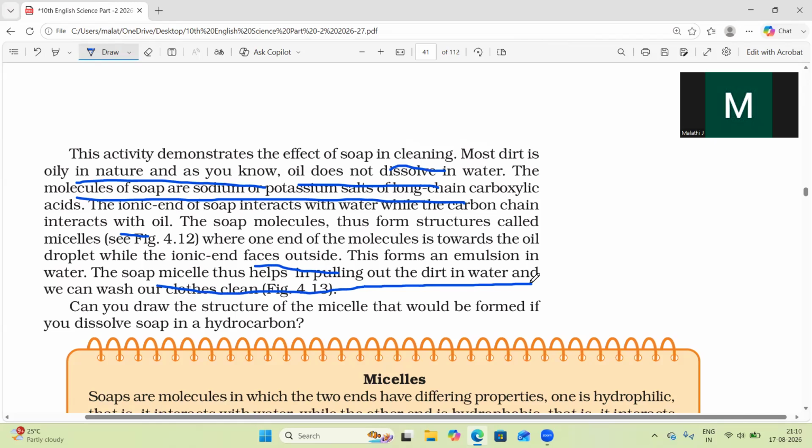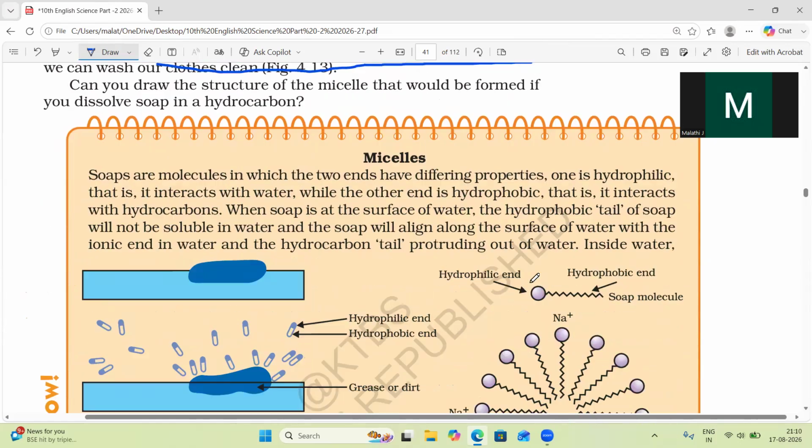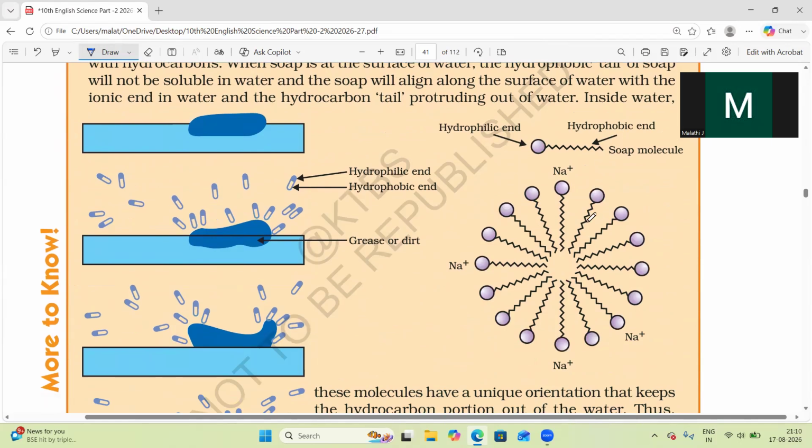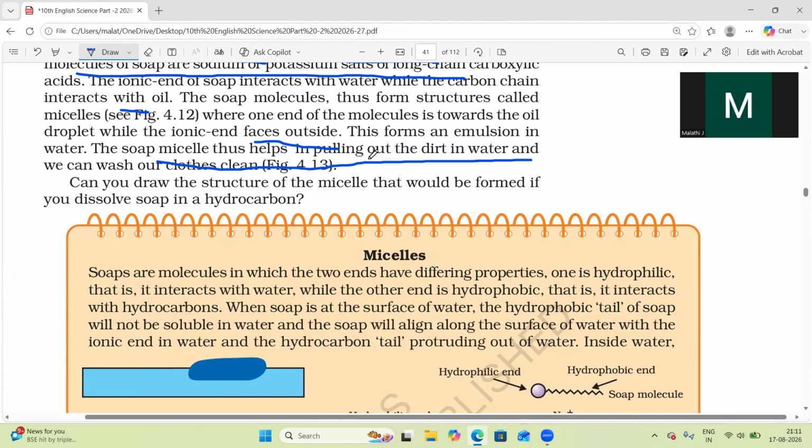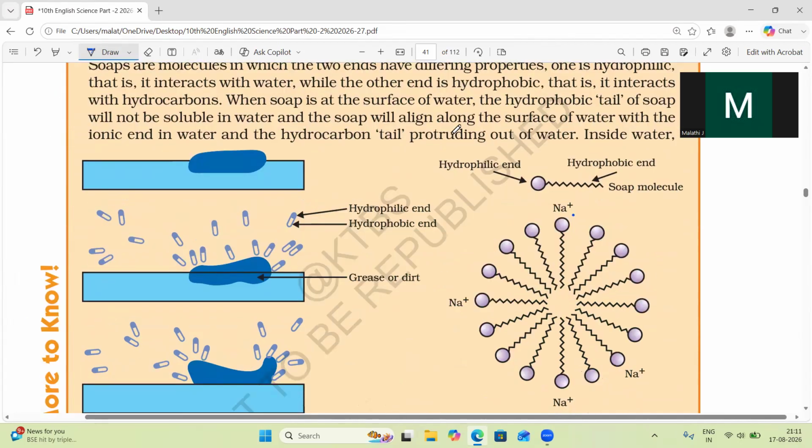So if you observe how to wash clothes using soap, how it forms micelles and helps to remove the dirt. Here you can see the pulling of dirt into the water and washing the clothes, while the ionic end faces outside and one end of the molecule is towards the oil droplet.